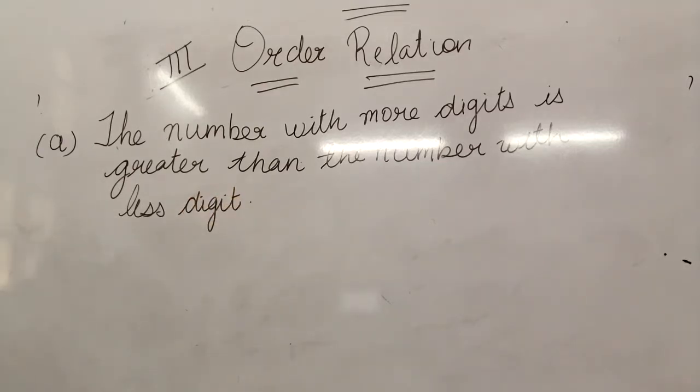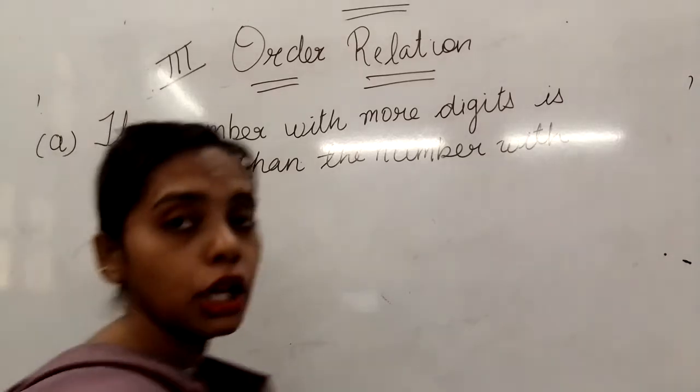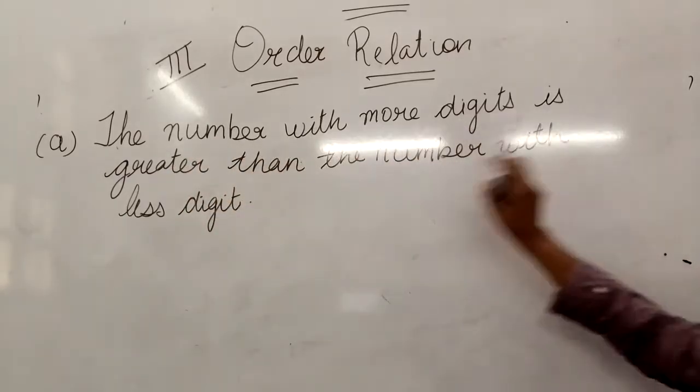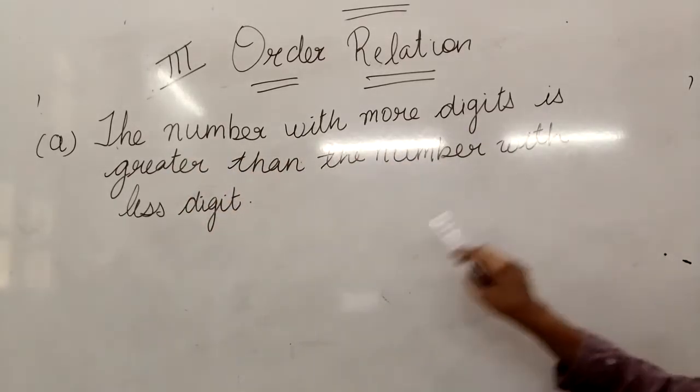Okay, so what is the first point you have written here? Now look here. The number with more digits is greater than the number with fewer digits.